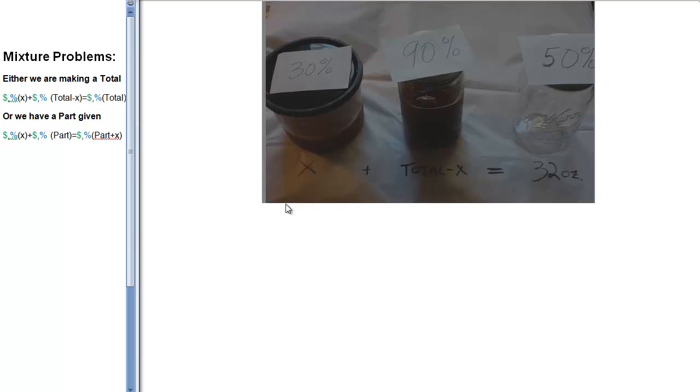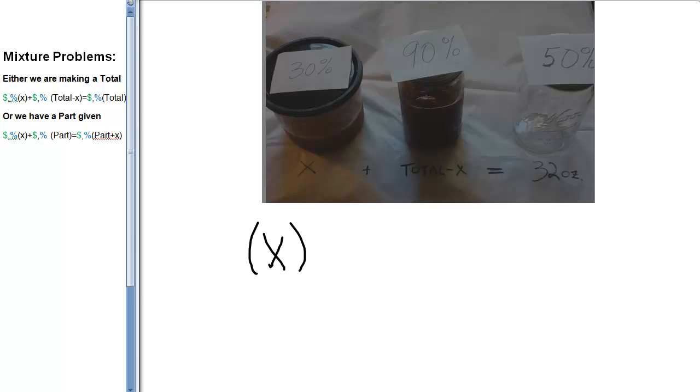So we're going to take the information again from this setup, noticing that it's percents. The parens are just the same thing as the vessel, the container. And we're going to set it up like this, noting that our total amount we're going to make again is 32 ounces. The amount we are going to use of our 30% solution is unknown, so we're going to say X, and we're going to put the amounts in parens.